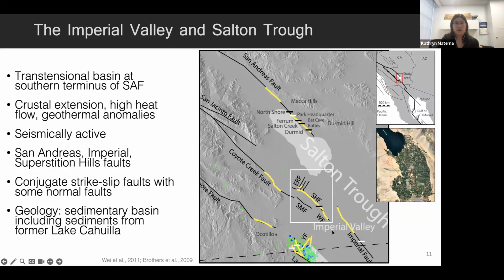The region is characterized by these dominant strike slip faults, but as I mentioned, it also has a number of smaller conjugate faults that are left lateral strike slip faults at perpendicular orientations, and it also has some normal faults in the region. Generally speaking, the geology of this region is a deep sedimentary basin, and it includes former lake sediments from when the Salton Sea in the geologic past was a much larger lake.